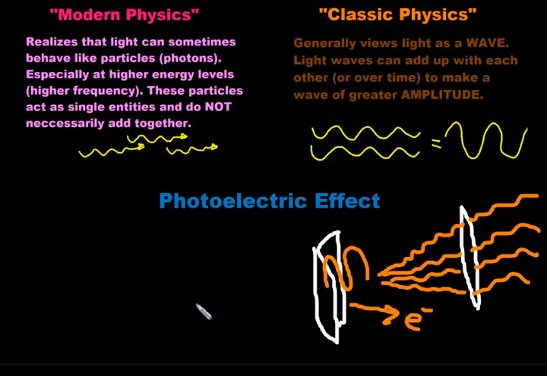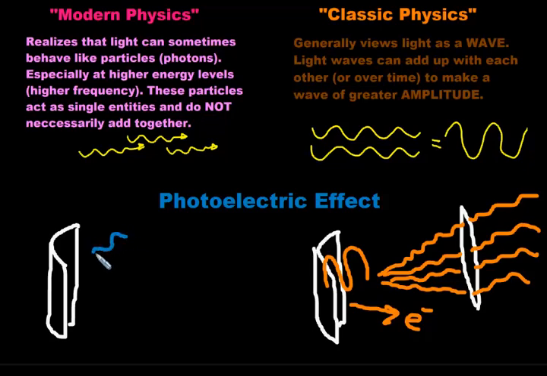So let's see how modern physics would explain the photoelectric effect. There's our plate again. The difference now is, instead of seeing it as a continuous stream of waves, it observes every single photon. Every single photon is a separate incident striking the plate.